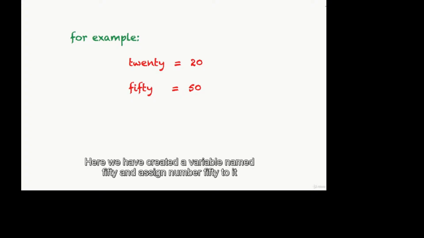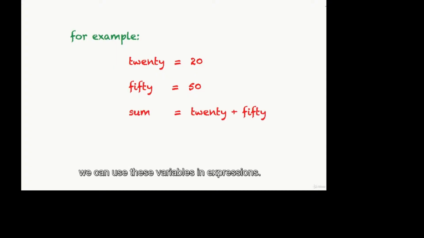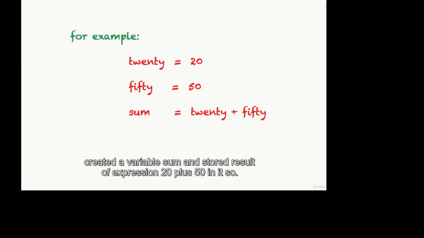Similarly, here we have created a variable named 50 and assigned number 50 to it. We can use these variables in expressions. So now instead of writing numbers in an expression, I can use variable names. Here in this example, I have created a variable sum and store result of expression 20 plus 50 in it.